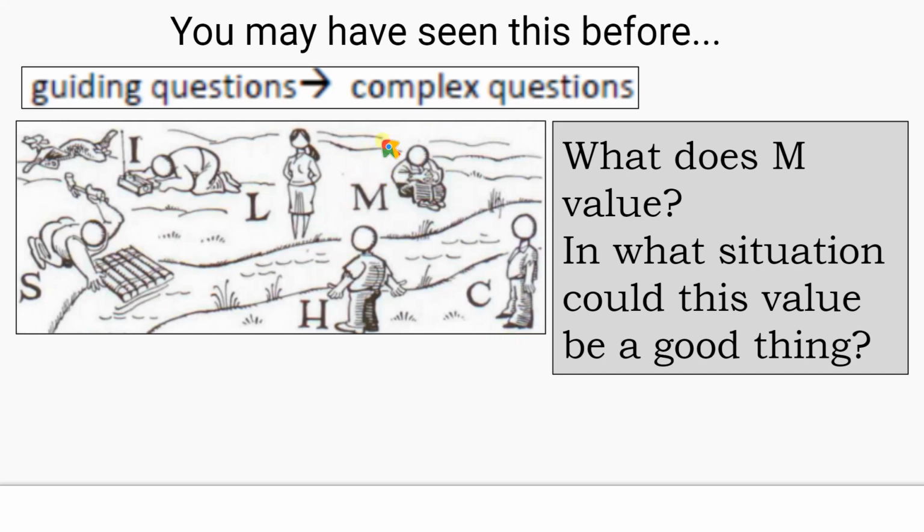So M valued money in the demonstration, in this activity, and in this context, that's not really the best value for everyone's survival, but valuing money could be really important in the context of the real world, where someone chooses a job that pays well because they have to provide for their family and this kind of thing.